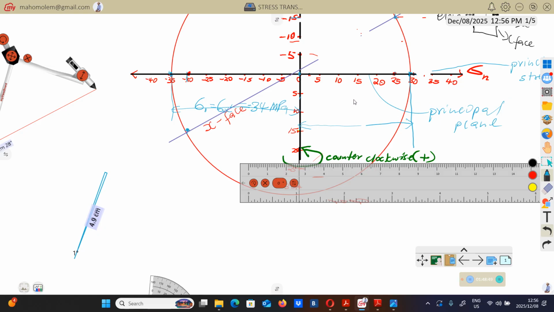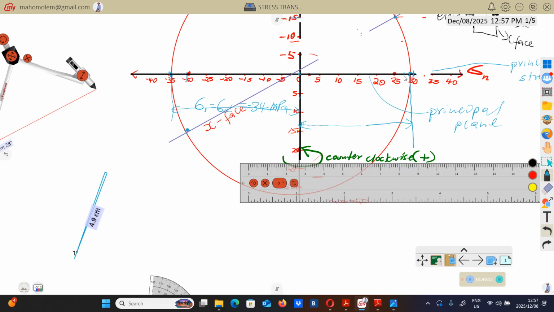Then on this side, from here to there, remember 30 is somewhere here. So this is 30, 27, 28, 29.